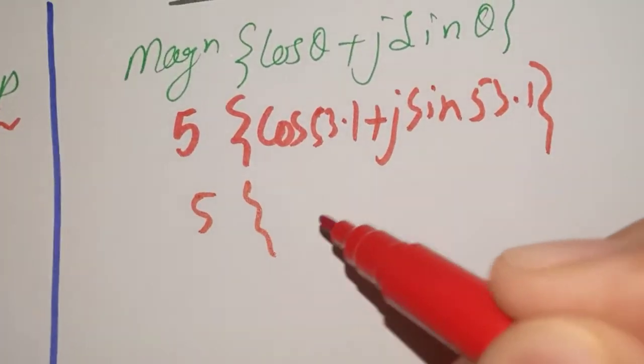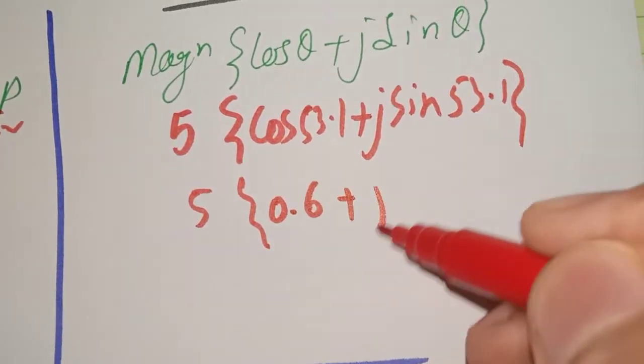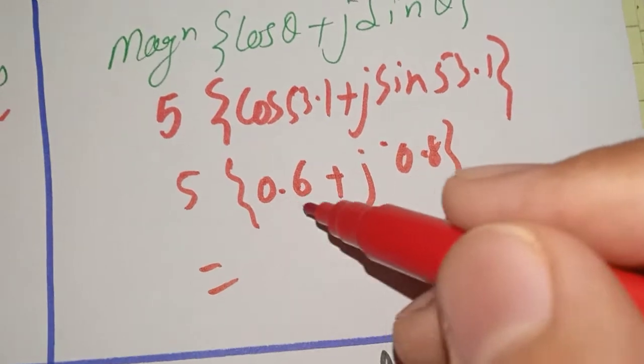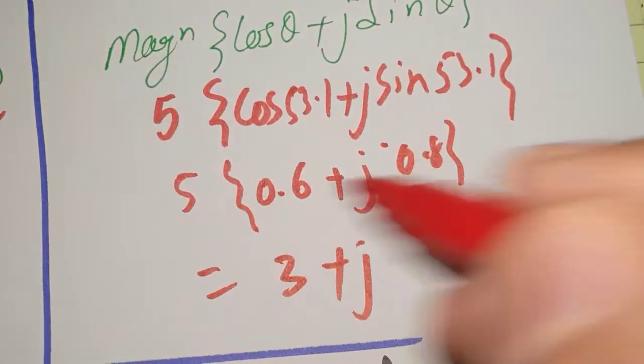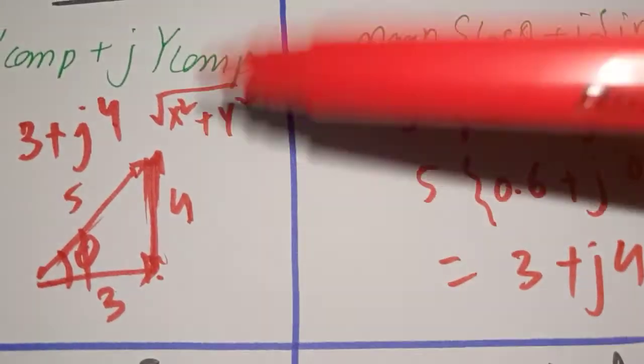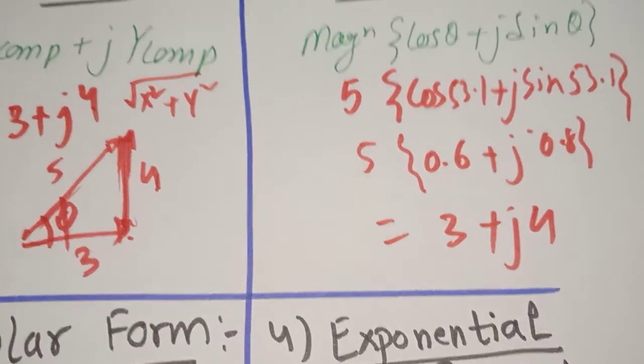Now cos of 53.1, you can put it in the calculator, you will get 0.6, plus j sine 53.1 is 0.8, right? Now 5 times 0.6 is 3 plus j times 0.8 times 5 is 4. So again we got what we just found in the rectangular form, right? Here x component plus j times y component.